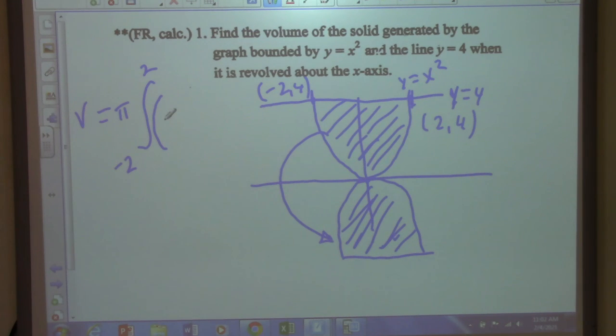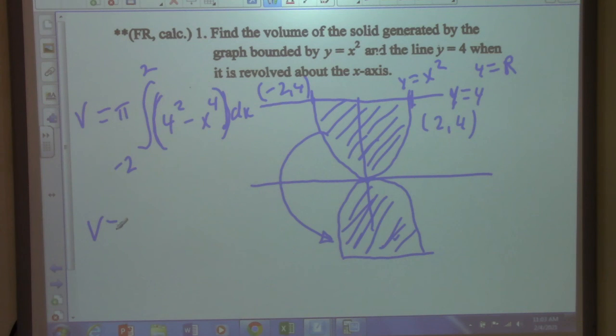So 4 equals big R. So big R squared minus, what's little r going to be? We have x squared, squared, so we can just make that x to the 4th, right? And then dx. And then we put that in our calculator.